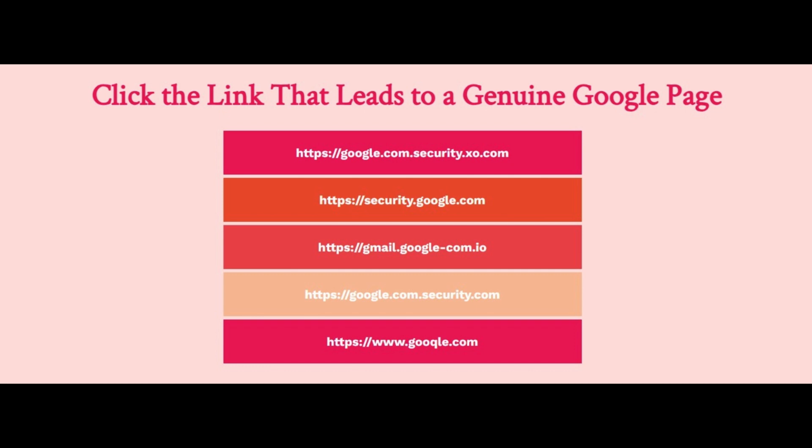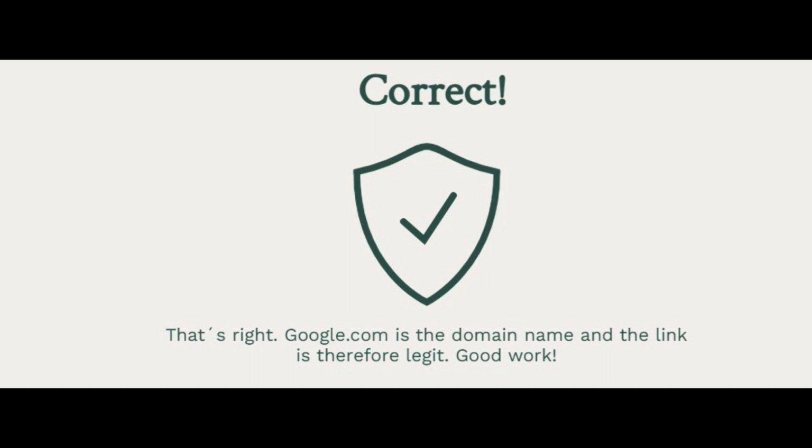So the google.com is the domain name and the link is therefore legitimate. That is how you should be able to understand which one is a legitimate or good web page.